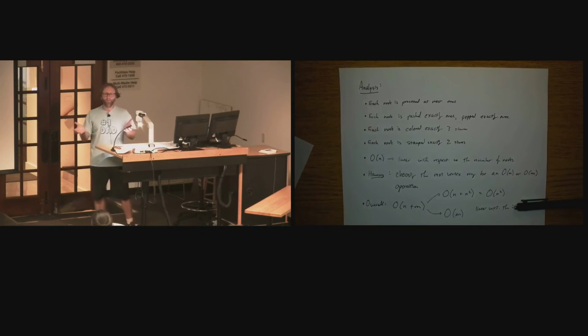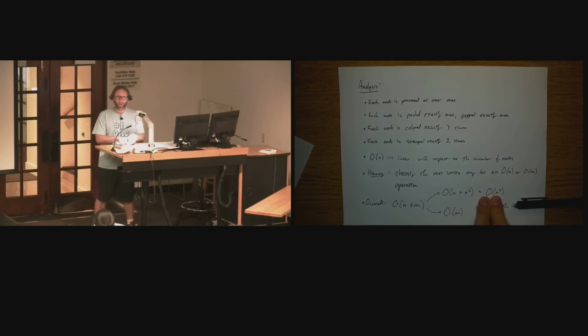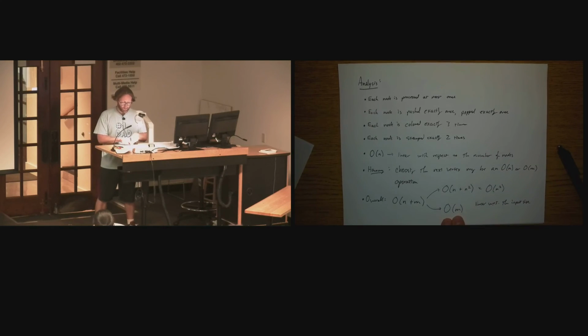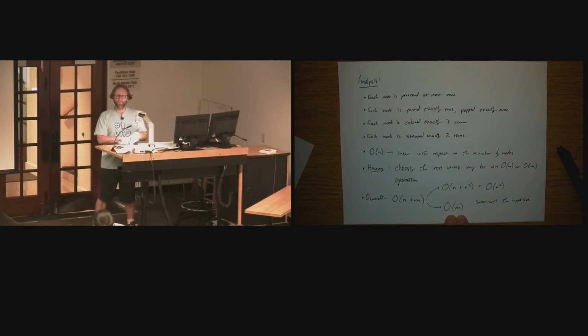If you've got an n by n matrix, that's linear with respect to that representation. If you've got an array, an adjacency list, that's linear with respect to that representation. Right? Because the number of lists that you have and the number of elements in each list that you have, that corresponds to the number of edges.